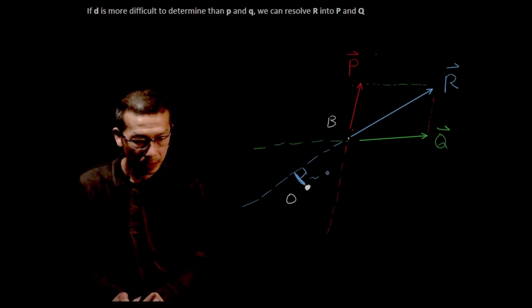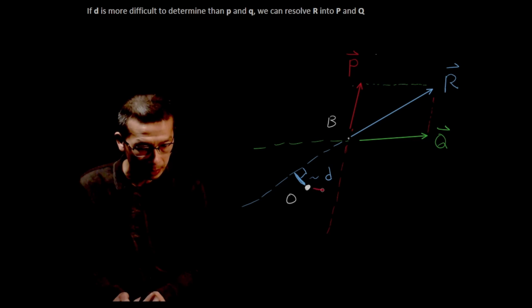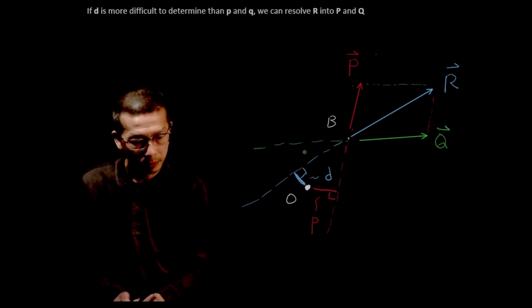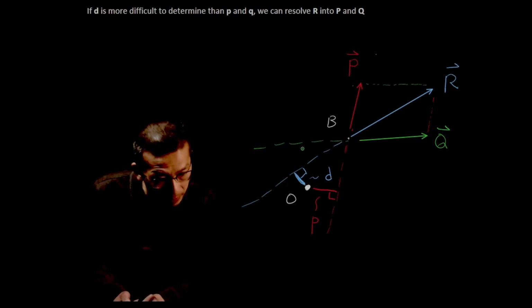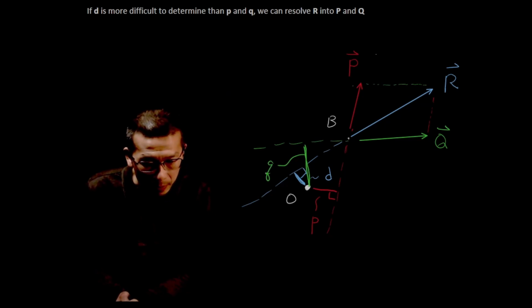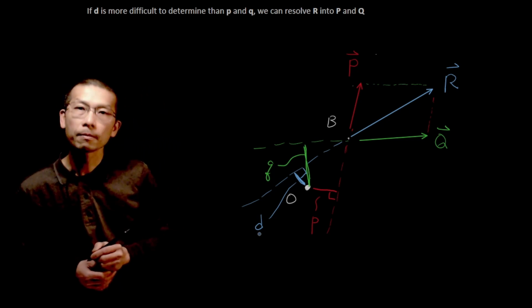That's our D. For P, the same perpendicular distance. If this is 90 degrees, then this is our little p. And q, now it's a bit right here, so let me draw right here. This is q, and let me maybe clean up a little bit here. Let's put the d on this side here. That's d. Okay, are you able to see that?